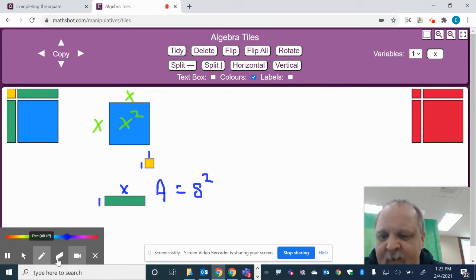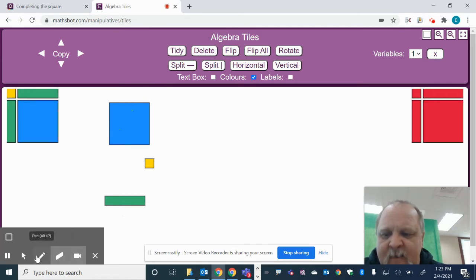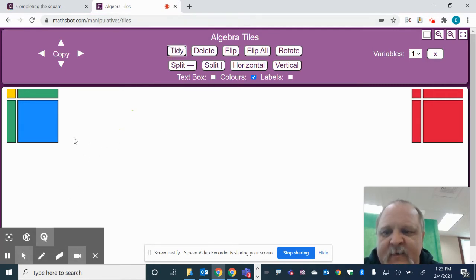Now that we have that, I'm going to erase this away and clean up our algebra tiles. Then I'm going to do a problem that only has addition in it, because that's where I went wrong the first time.